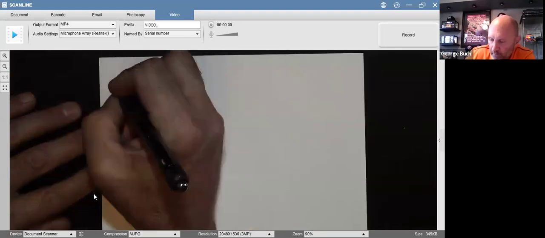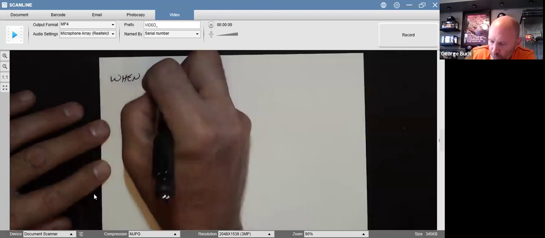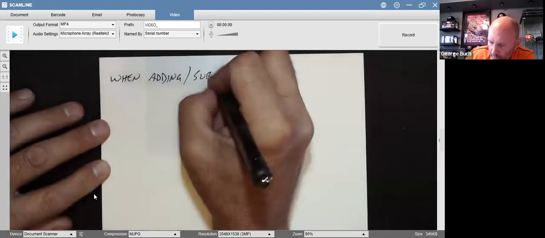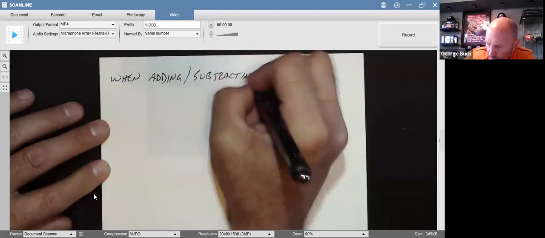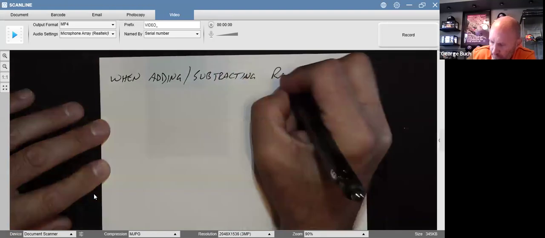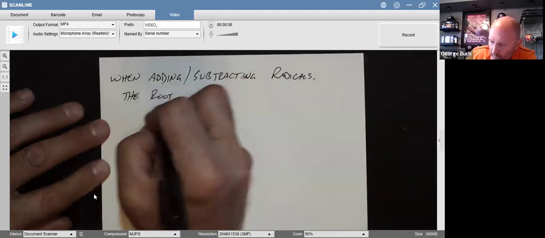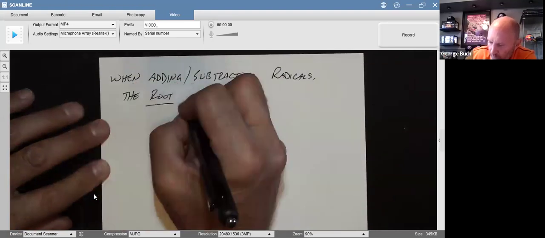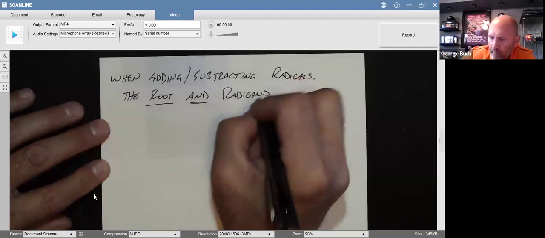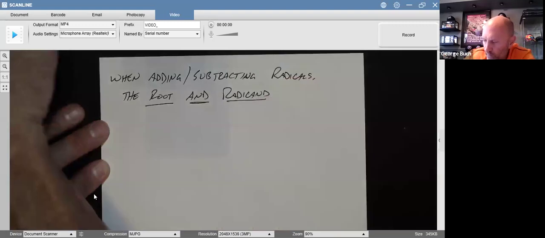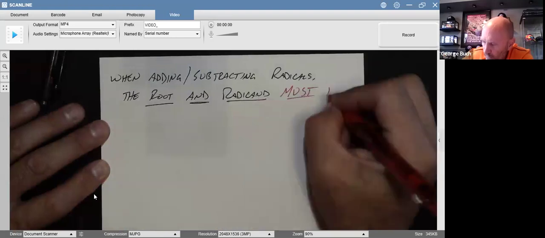So when adding or subtracting radicals, the root and radicand, let me switch to red here, that's how important it is, must be the same.